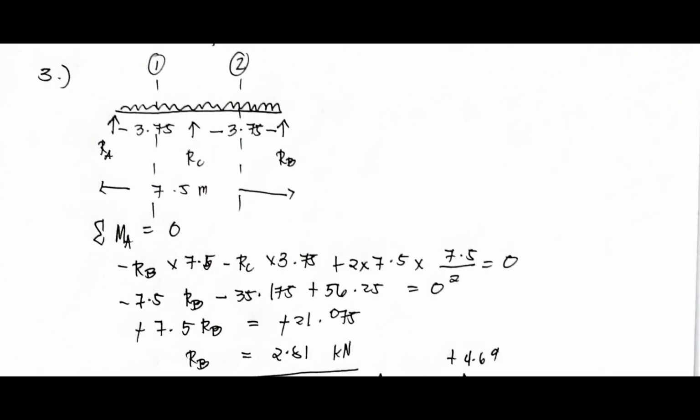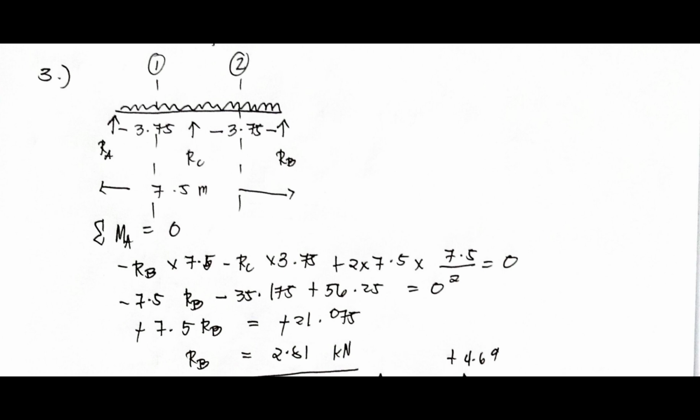Next, for number 3, applying the equilibrium equation, the summation of moment at A is equal to 0. Negative RB times 7.5 minus RC times 3.75 plus 2 times 7.5 times 7.5 over 2 is equal to 0. Then negative 7.5 RB minus 35.175 plus 56.25 is equal to 0, plus 7.5 RB over 21.075.